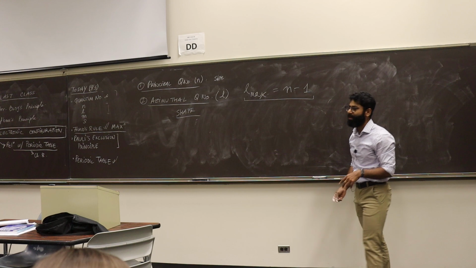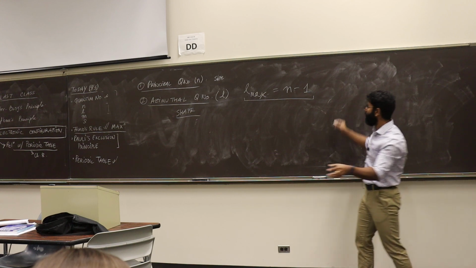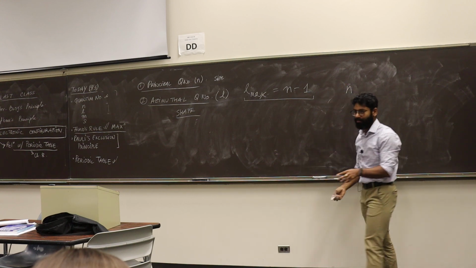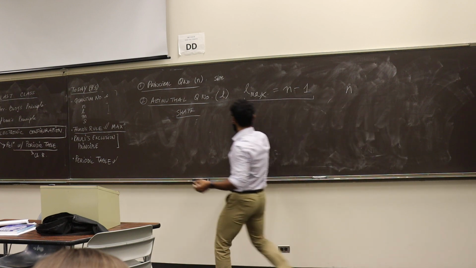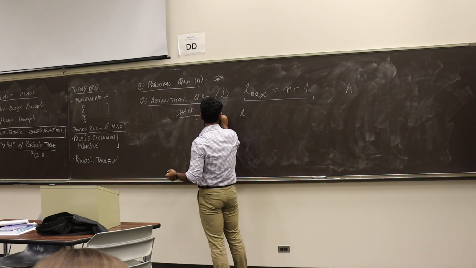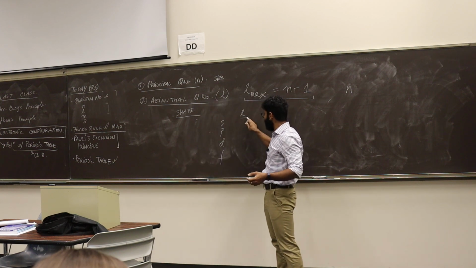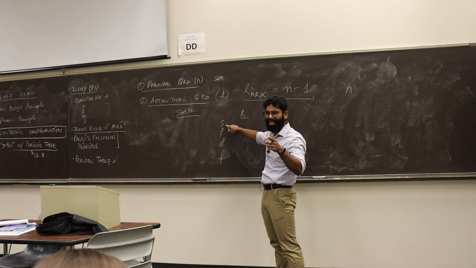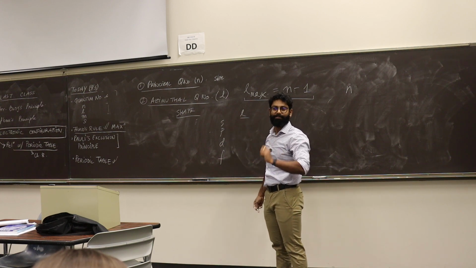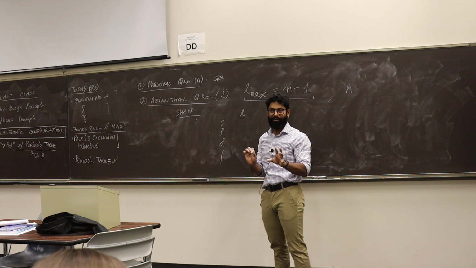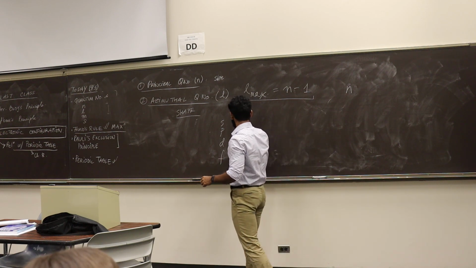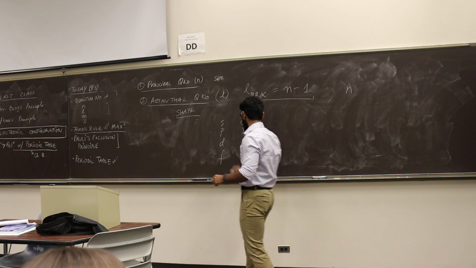That L max is N minus 1. What's the L associated with the orbital S? 0. Did we write this in class? You have it in your notes? So this was 0, this is 1, 2, and 3.